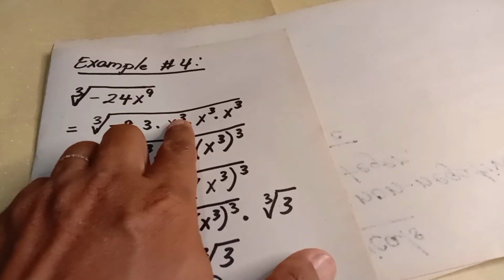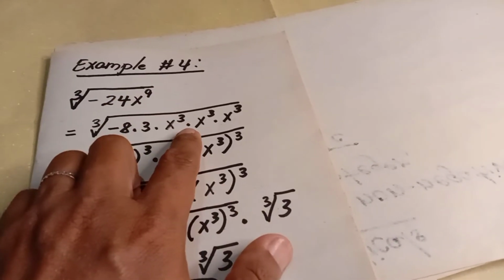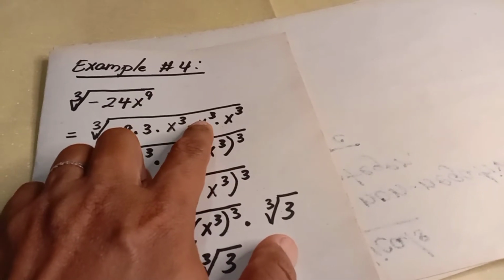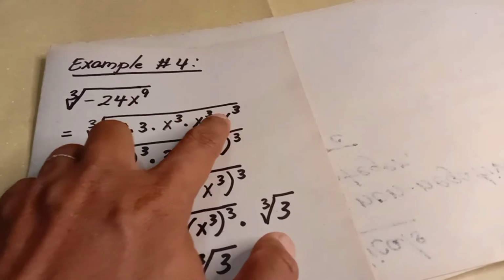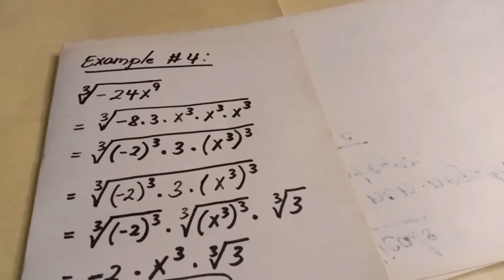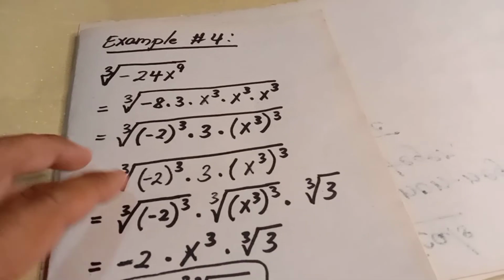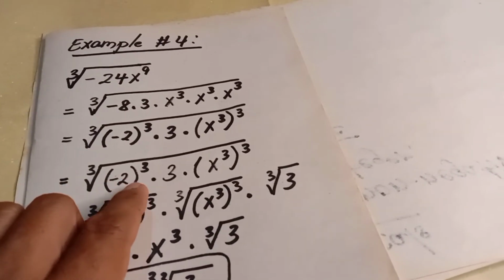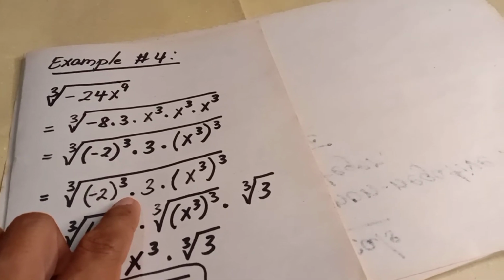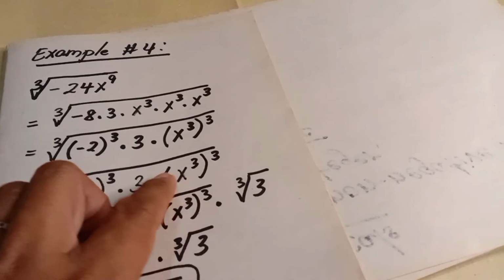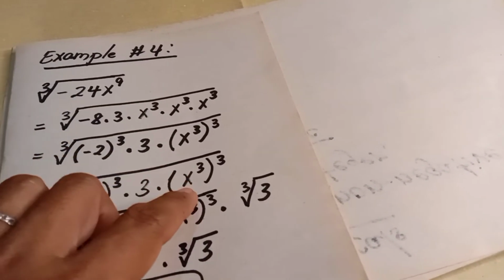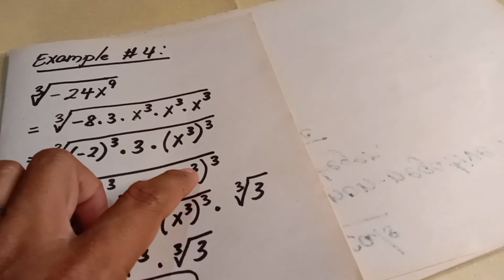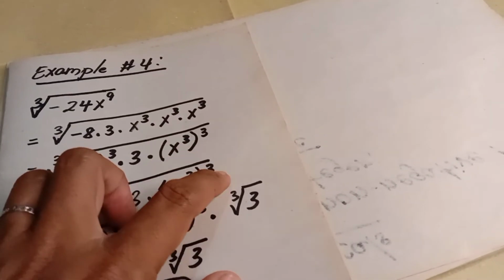So ito, the same sa taas. In-split lang natin, in-expand lang. Now, to continue, cube root of negative 2 to the exponent 3 times 3 times variable x to the exponent 3 into exponent 3.